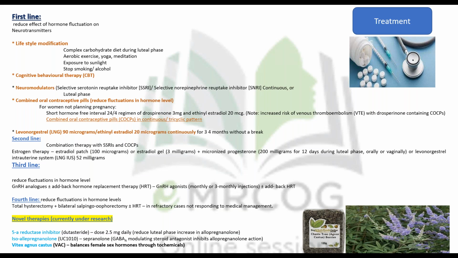So this is easy, lifestyle modification, along with cognitive behavior therapy, CBT. Neuromodulators can be used, like selective serotonin reuptake inhibitors and selective norepinephrine reuptake inhibitors, either continuously or only in the luteal phase.